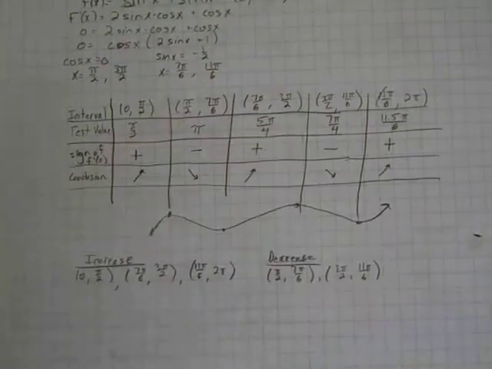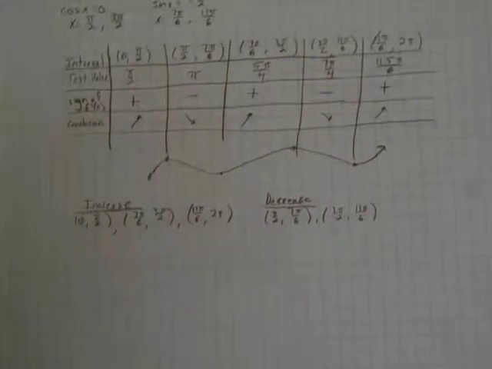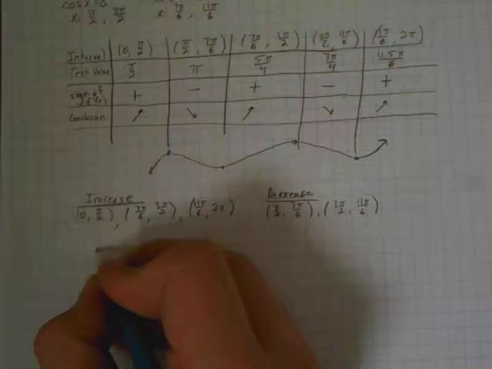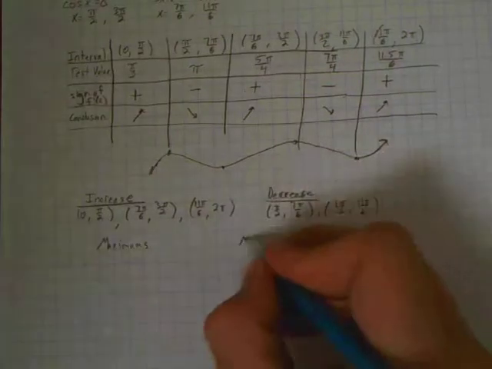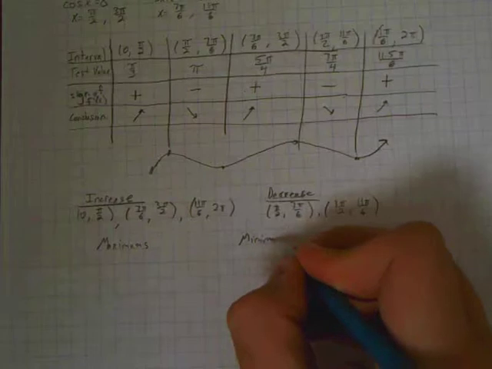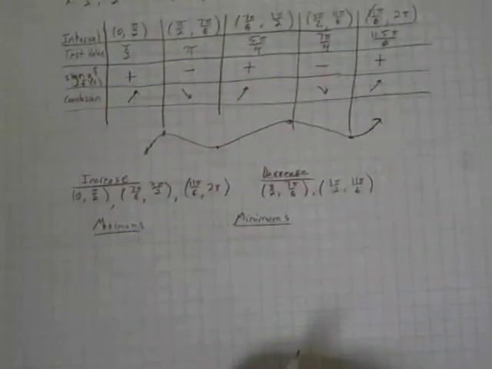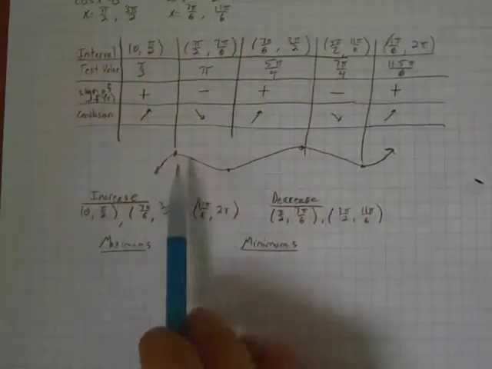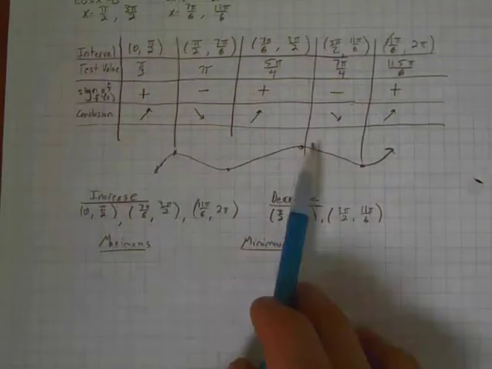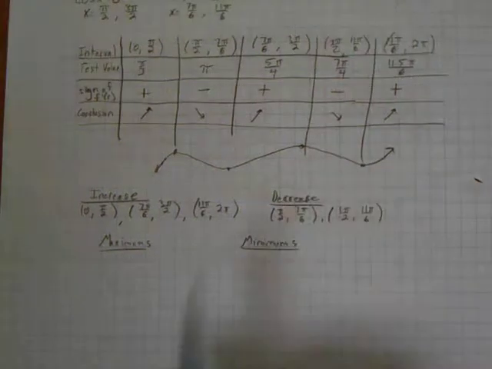And so the other part of the question asked to find the extrema. So to find the extrema, I'm going to first list maximums and then minimums. Okay, so I know I have a maximum at, if you can see this still, pi over 2 and at 3 pi over 2, and those are my only two maximums.